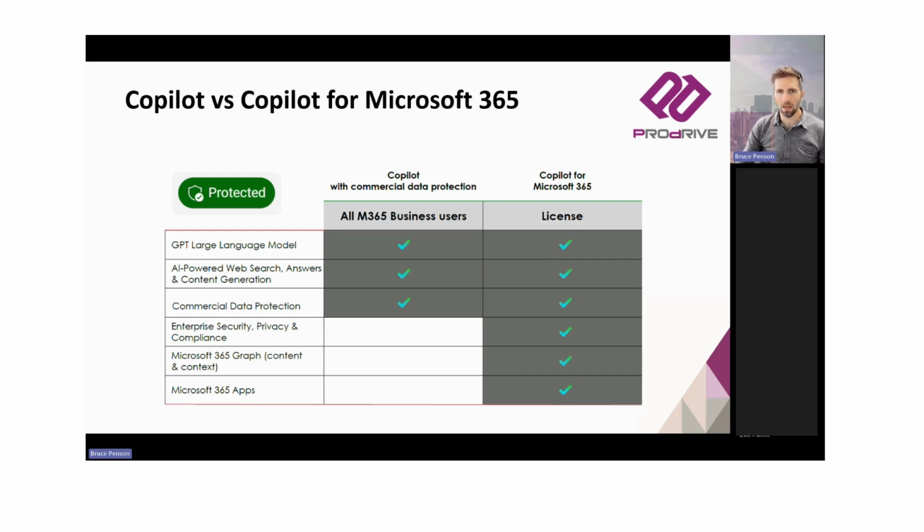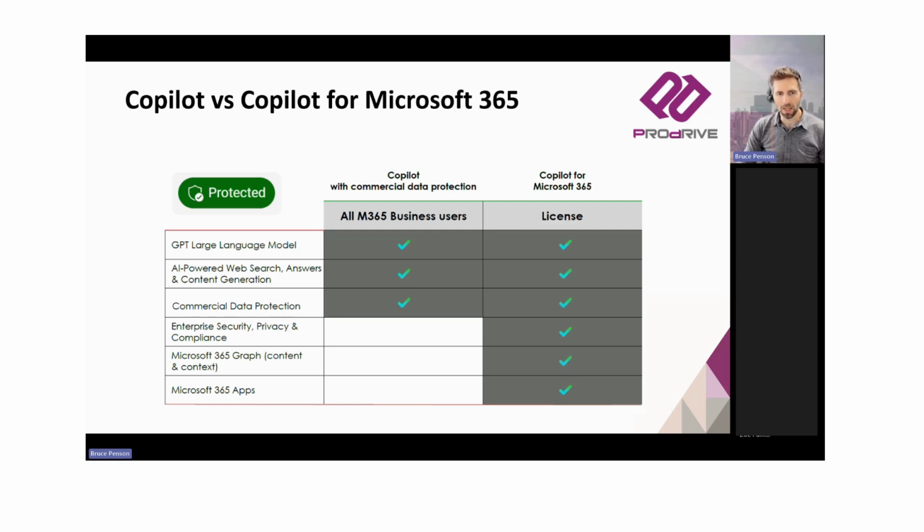There is potentially some confusion with Microsoft's naming strategy here. So there's actually two forms of Copilot that you may use within Microsoft 365. There's something called Copilot with commercial data protection. It just rolls off the tongue, that. And then you have Copilot for Microsoft 365 itself, which is what today's webinar is focused on.